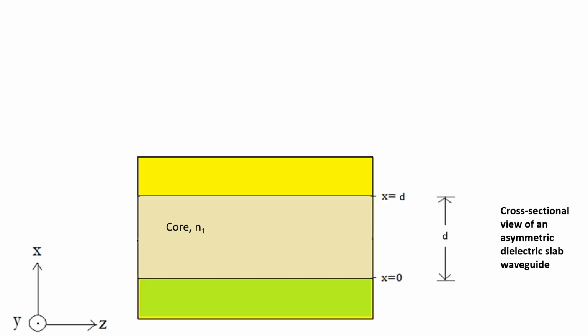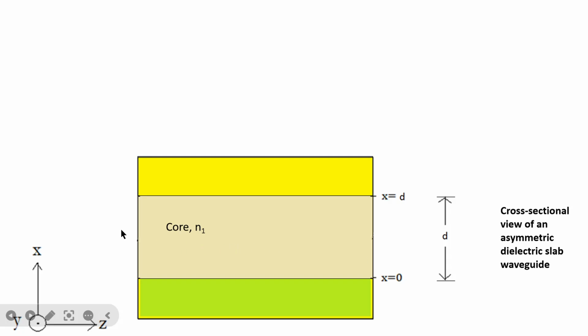So to begin with, let's take a look at the cross-sectional view of the asymmetric dielectric slab waveguide. It's basically a sandwich of 3 layers. We have the middle layer, the so-called core layer. Normally, the refractive index of the core layer is the highest among all these 3 layers.